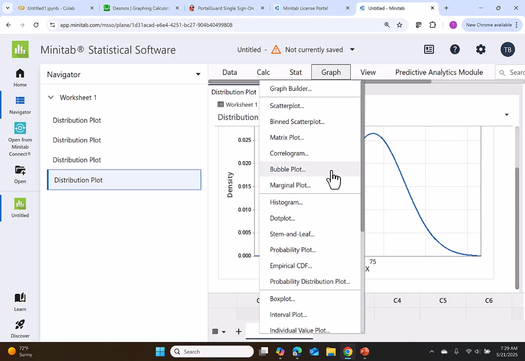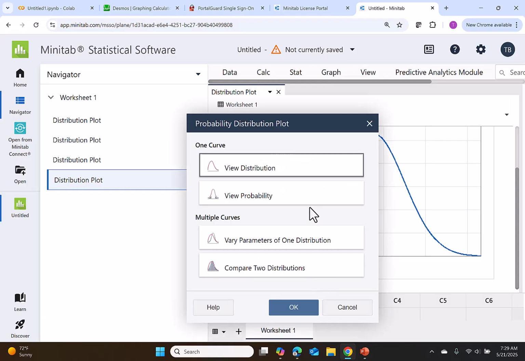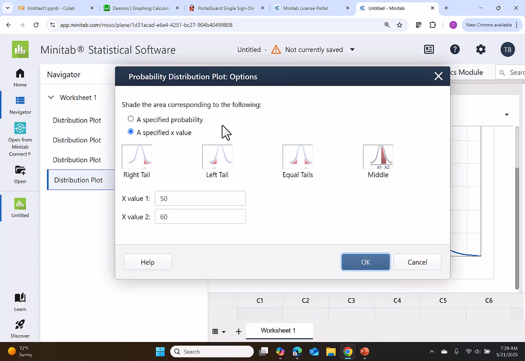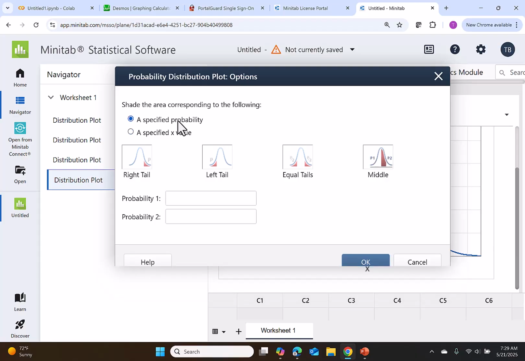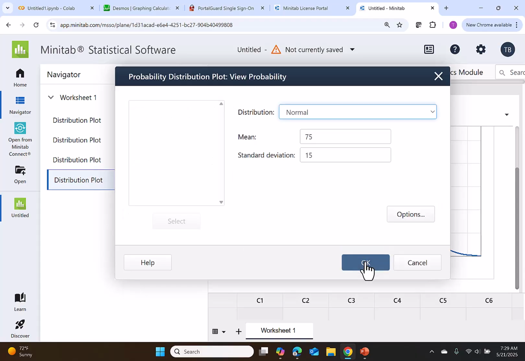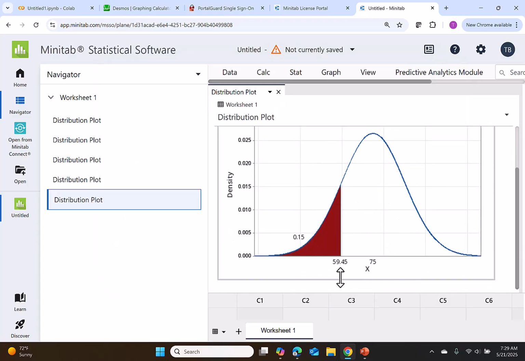So when we go back to Graph, Probability Distribution Plot, View Probability, on the options, we're going to switch to a specified probability. This specified probability is going to the left and it's equal to 15, so we're putting in 0.15. This says that $59.45 is the cheapest someone can pay per month and be in the lowest 15% of plan options.